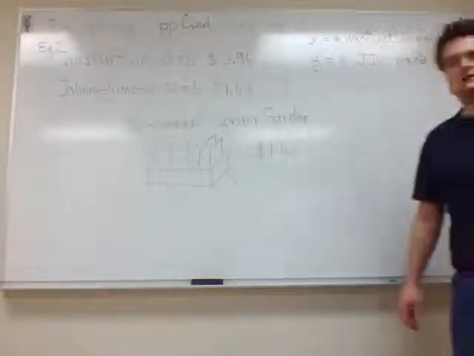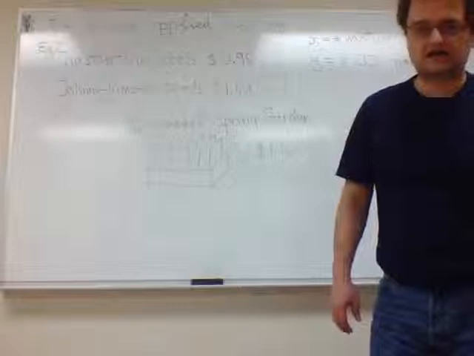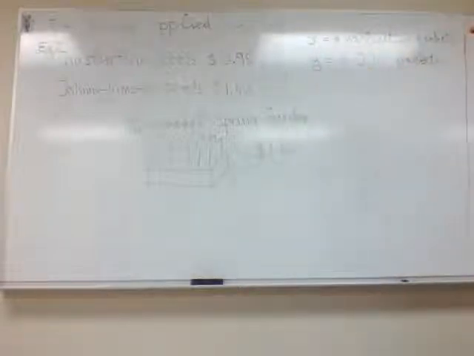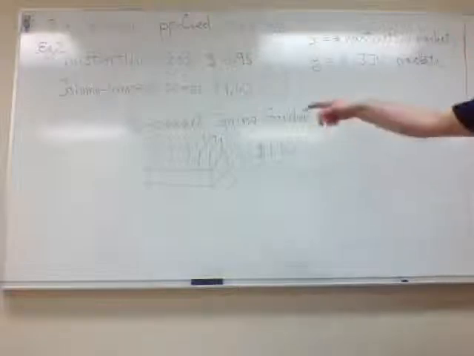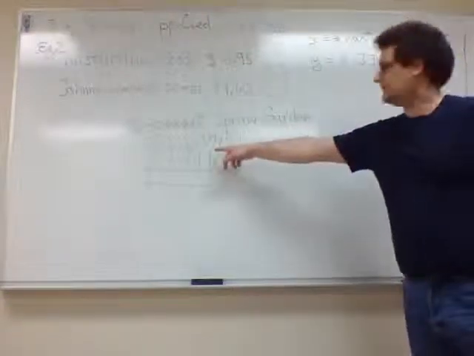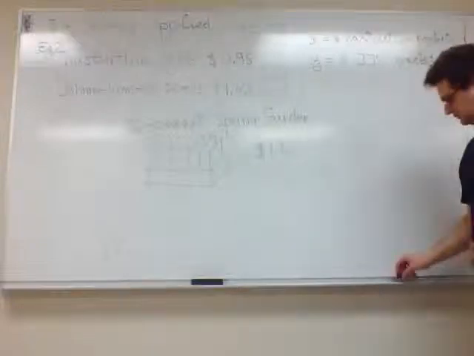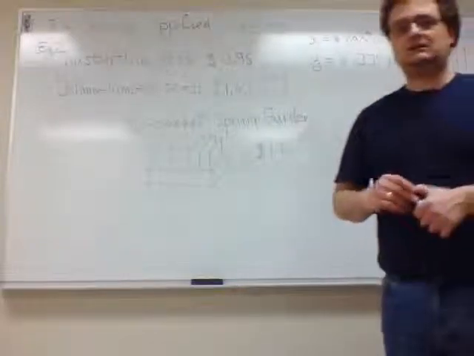So the question is, what are X and Y? How many packets of each type of seeds should she have in the 16 packet mixture? So there are two requirements that we can immediately see.